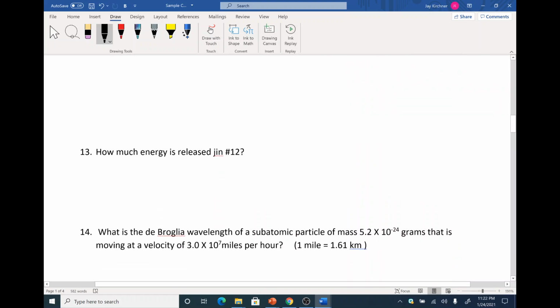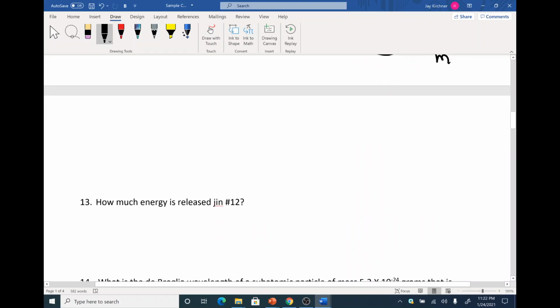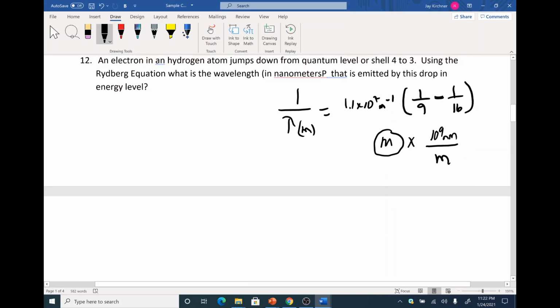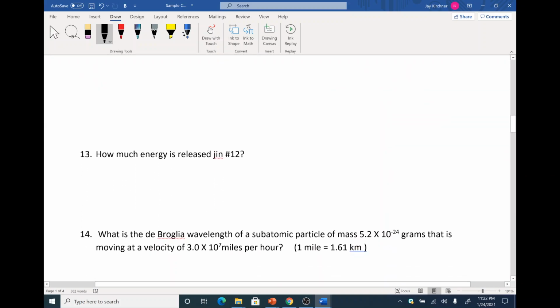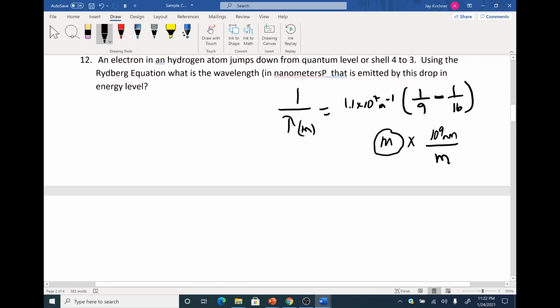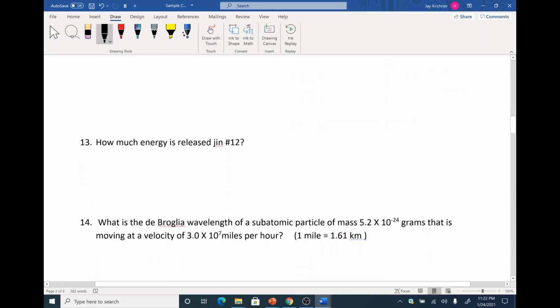Okay, how much energy is released in question number 12? Okay, very good. So if you have the wavelength in nanometers, you actually also have the wavelength in meters. What you can do is this. A lot of rigmarole here, but energy equals h times frequency.